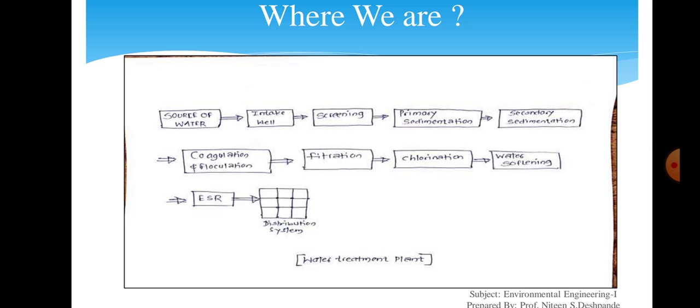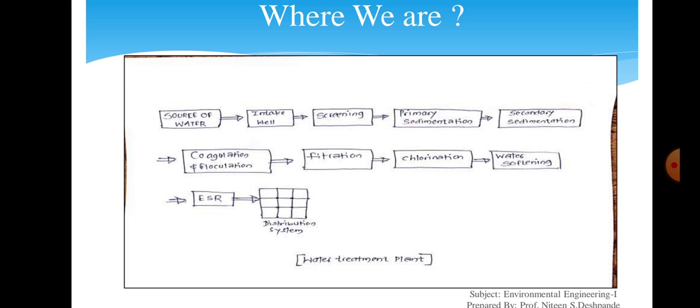I intentionally put this slide into this presentation because I wanted you to summarize how the water travels through the various units in the process of water treatment. So we have reached up to the water softening method, and after water softening, the water is transported to the elevated service reservoir, where it is stored for further distribution to the consumer level.